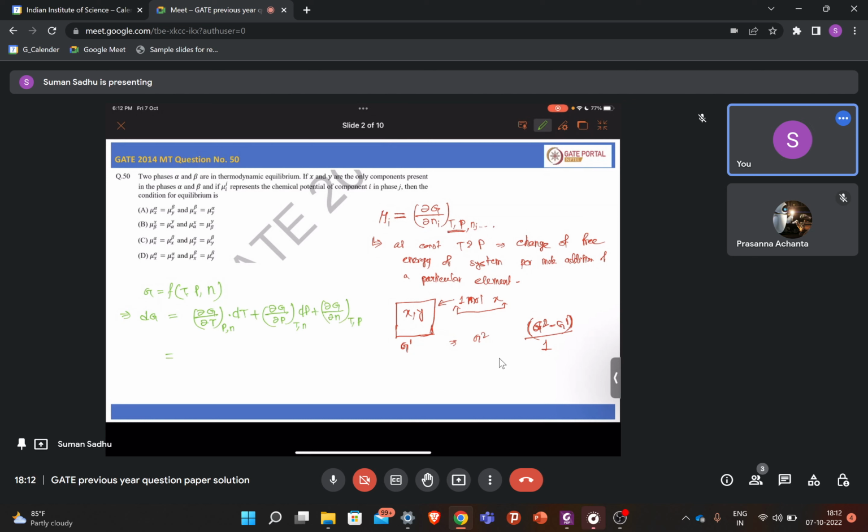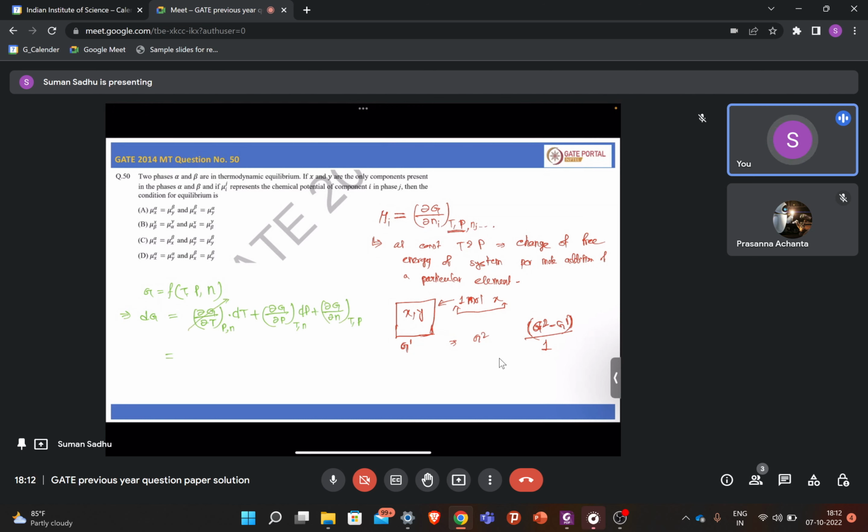Now, what will be this term? dG by dT at constant pressure and number of moles is minus S, right?